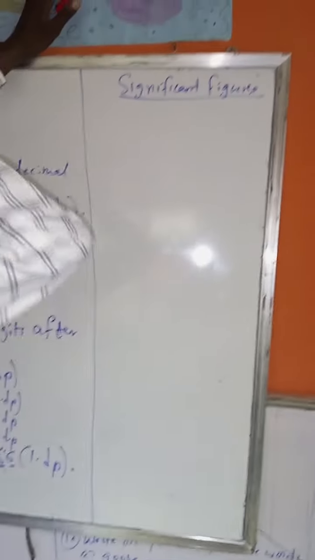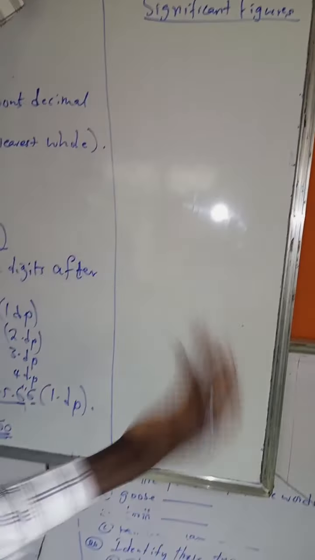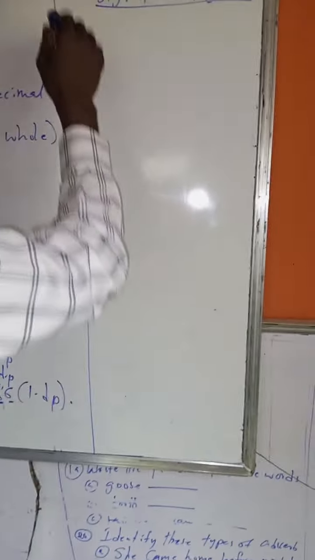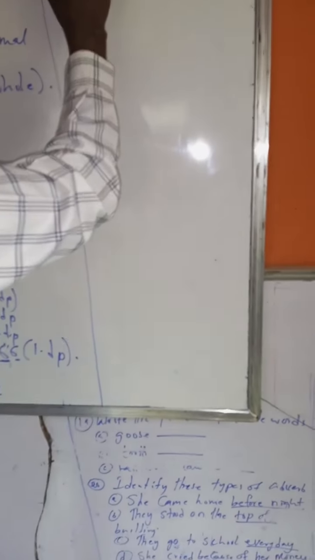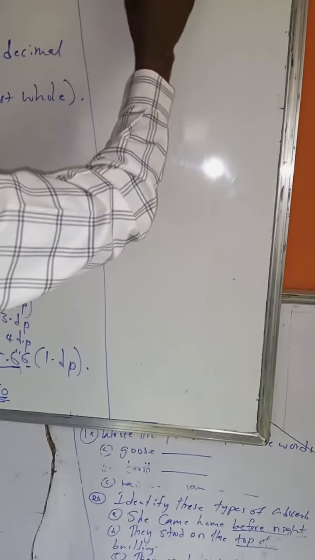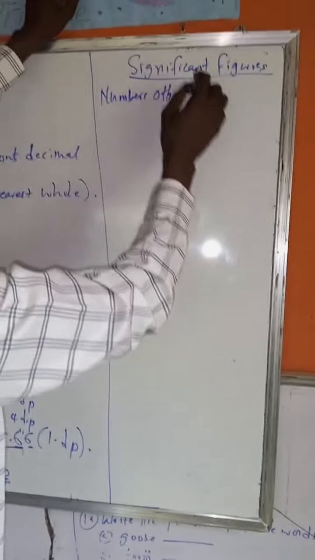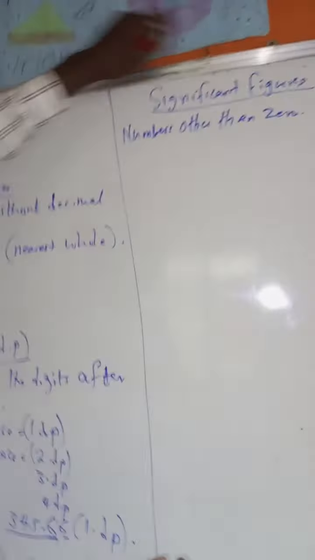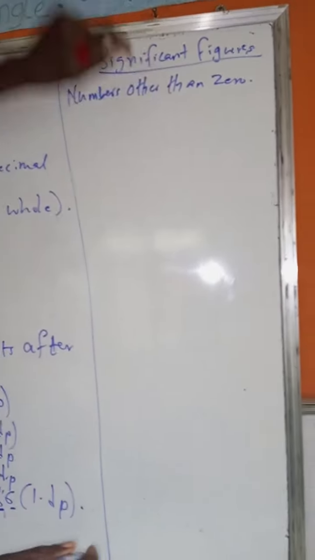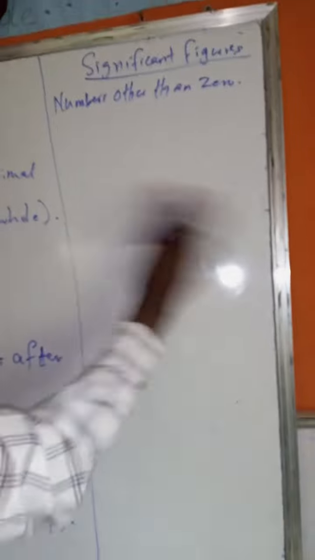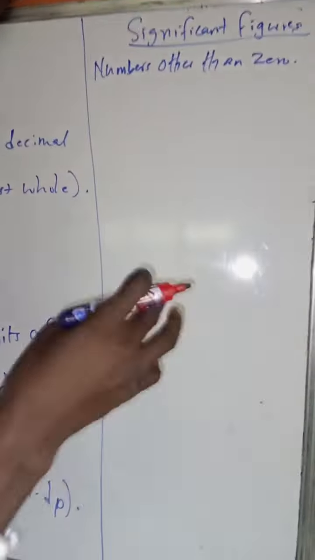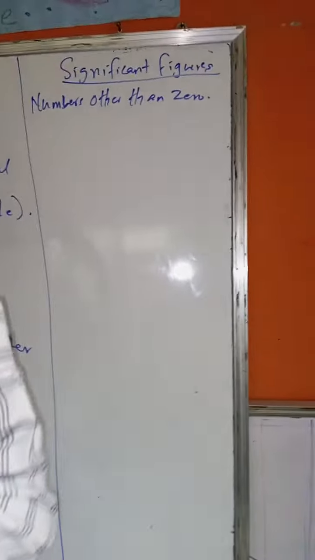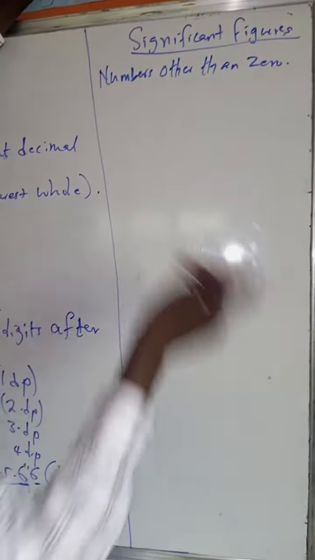Zeros could be significant when they are in the middle, because they hold value at that side. The one at the beginning actually holds value, but it's not like the one in the middle.